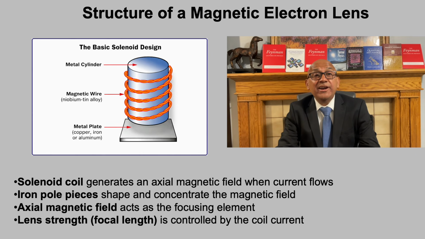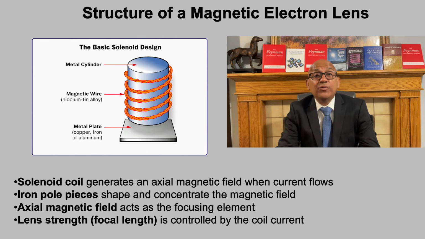They do not generate the field themselves, but they guide and confine it, shaping the field distribution so that it acts like a lens rather than a simple magnetic region. As electrons pass through this axial magnetic field, their trajectories bend smoothly towards the optical axis, leading to beam convergence.